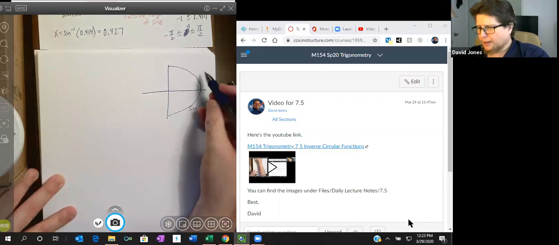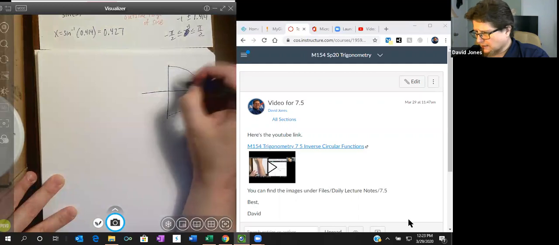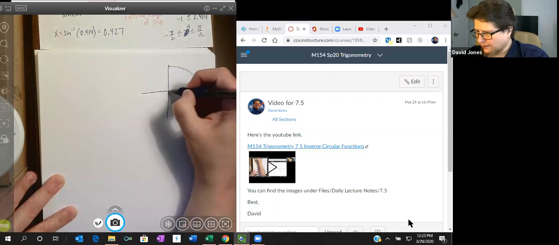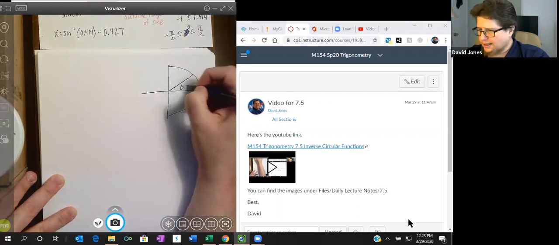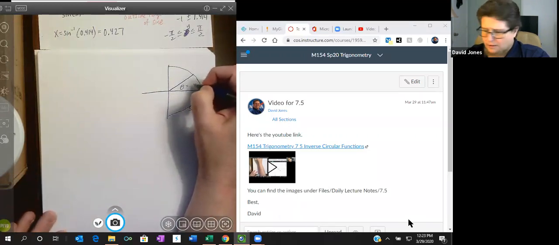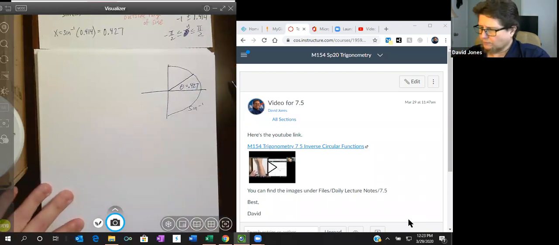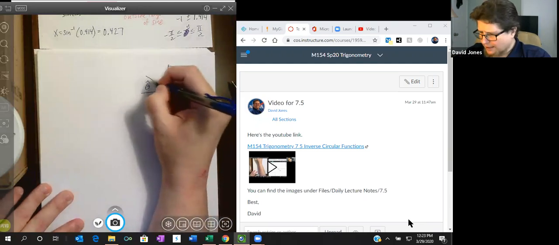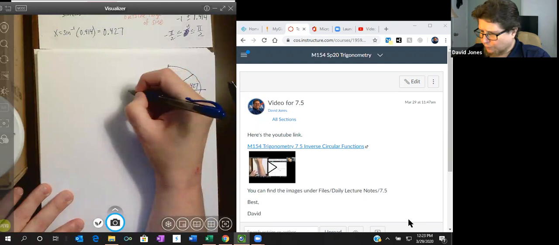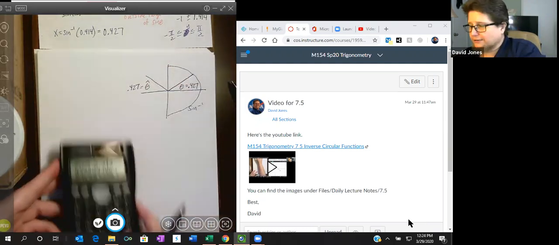When it equals a positive value, sine is positive up here. So this is saying theta equals 0.427. Sine is also positive over here. What if I make this a reference angle of 0.427? I'm going to use my exact calculator value.